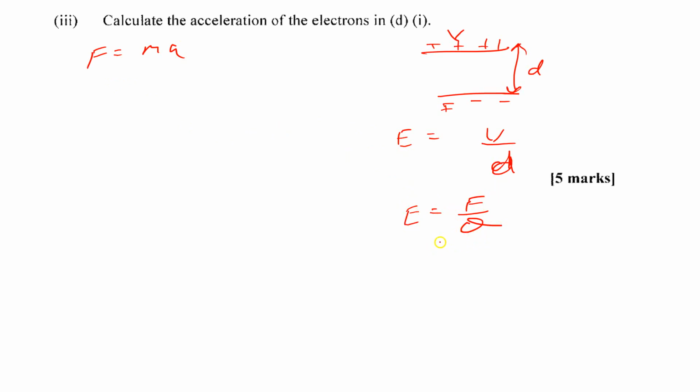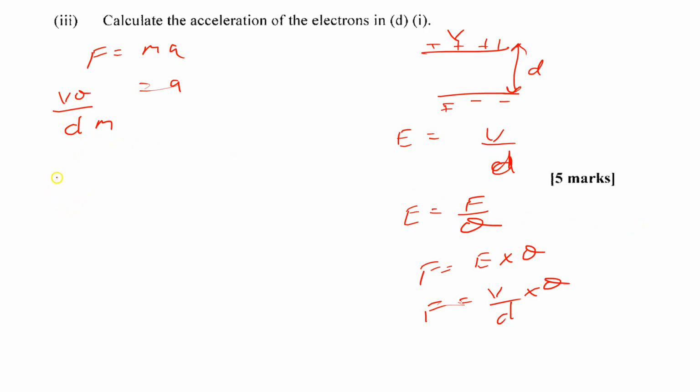So we can make a transposition for E in this equation and transpose for the force, or we could say force is equal to E times Q. So force is equal to V upon D times Q. We know we're dealing with an electron, so we can say V times Q upon D, divided by the mass, is equal to A. You're getting marks for all of this, ladies and gentlemen, so please don't neglect the 5 marks. And I tell you the honest truth.